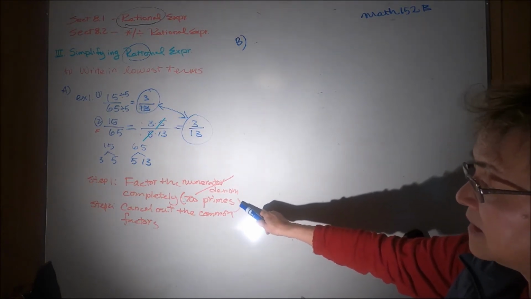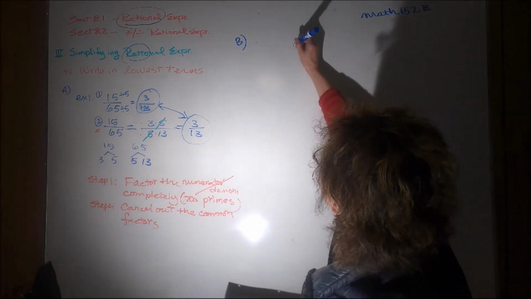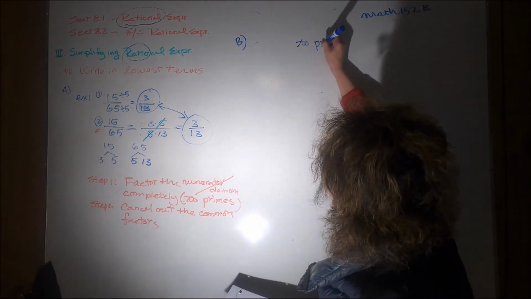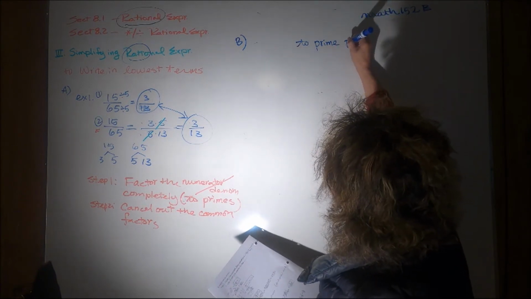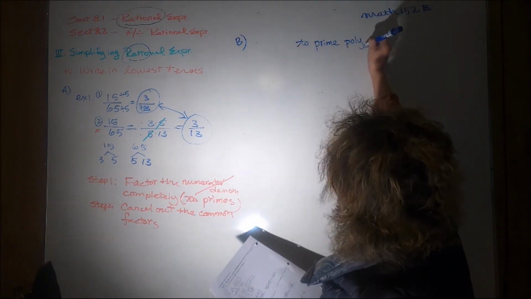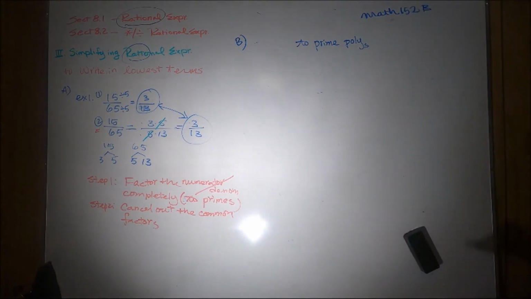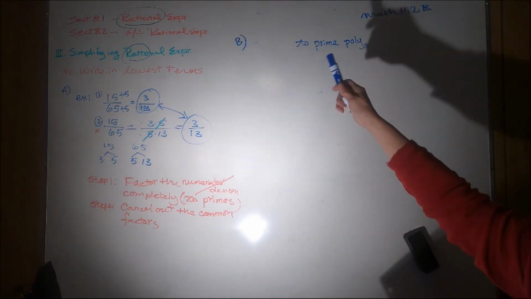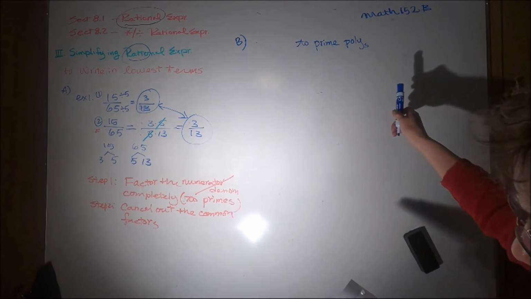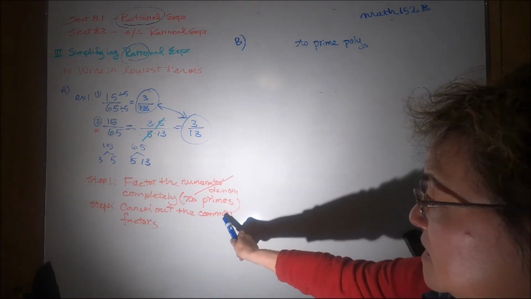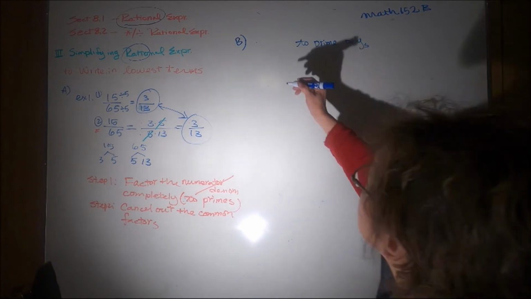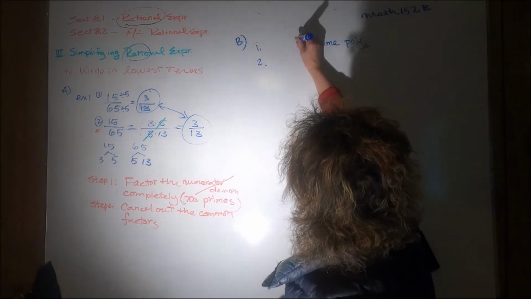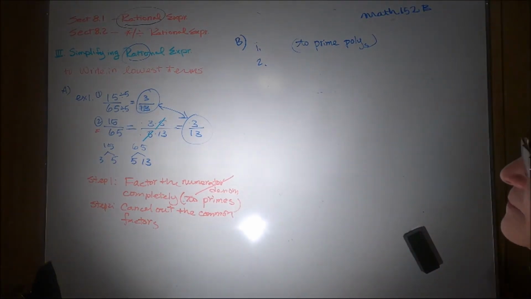Instead of to prime numbers, you will do it to what? To prime polynomials, right? To all the prime polynomials. Then you cancel out the common factors. So same steps, right?